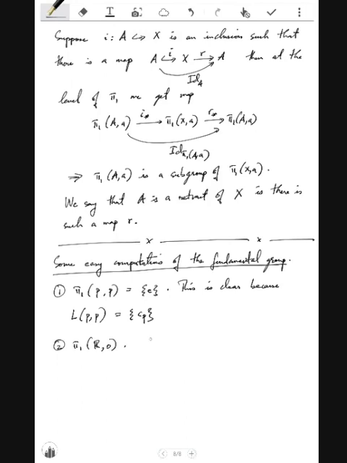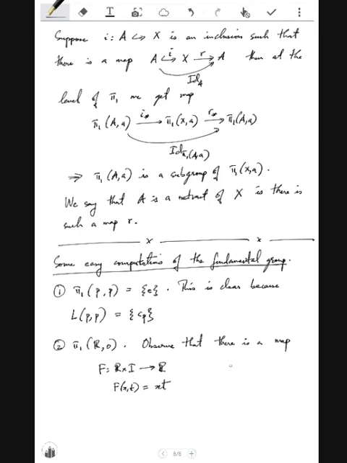So observe that there is a map f from R cross I to R given by f of x comma t is equal to x times t.